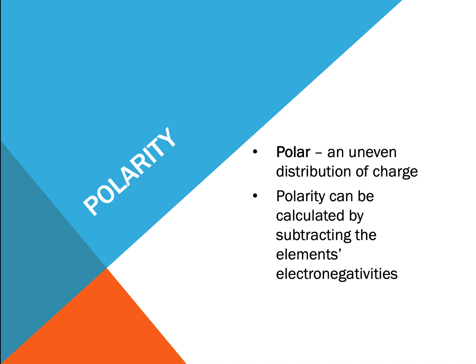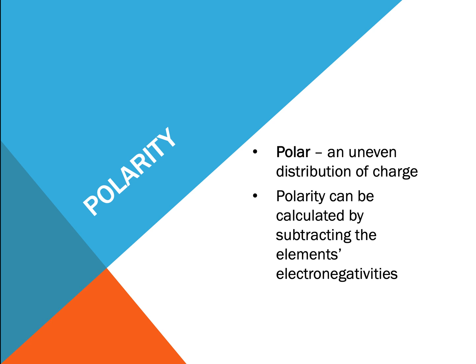Polarity is what we look at when one atom has more pull than another, or if the atoms are equally sharing the electrons. A polar bond is when there is an uneven distribution of charge. One of my atoms is holding on to that electron a little bit more tightly. It has a partially negative charge, whereas my other atom has a partially positive charge.